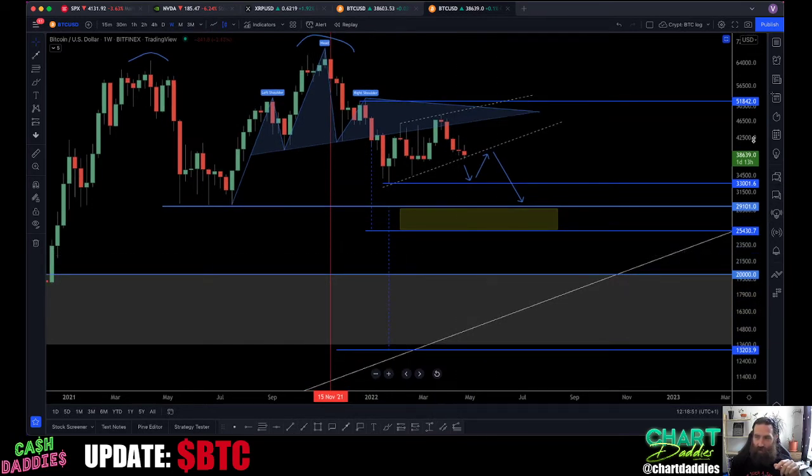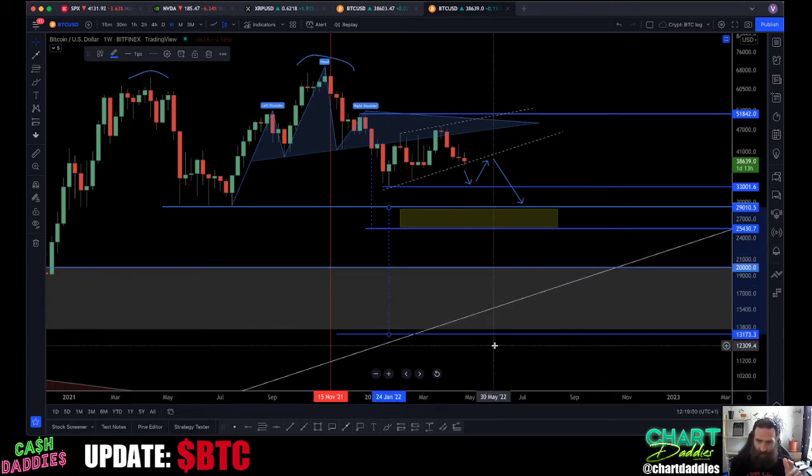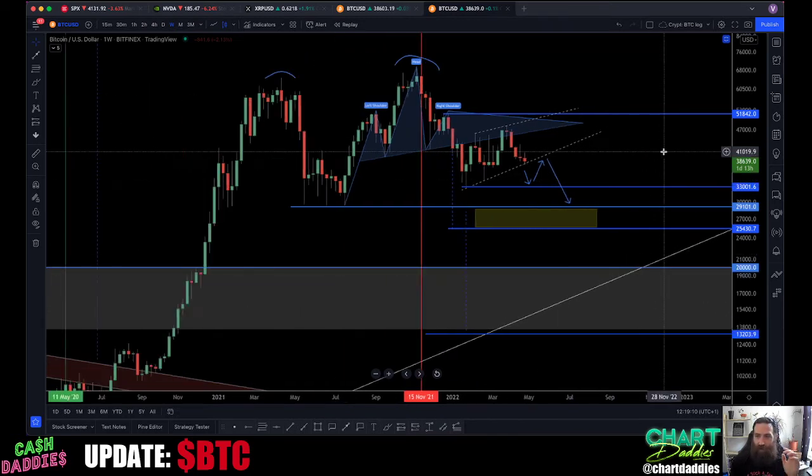So doing that real simple estimation, if the double top breaks and gets confirmed, that extension takes us into the teens. All right, so let's say 13,500. That target itself. So keep that in mind.